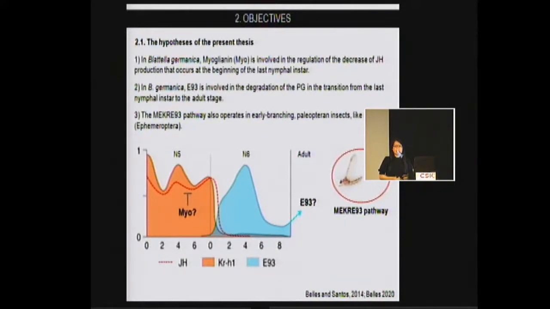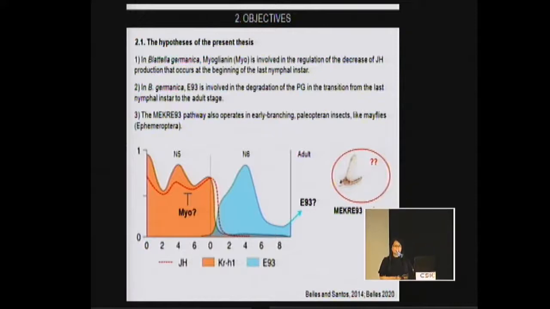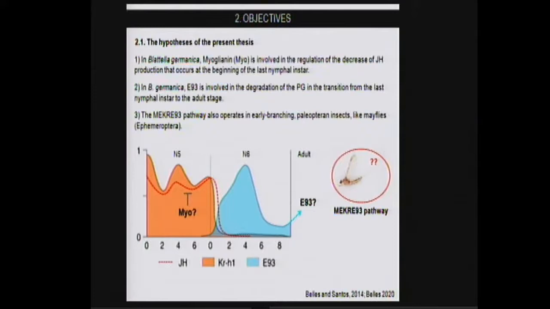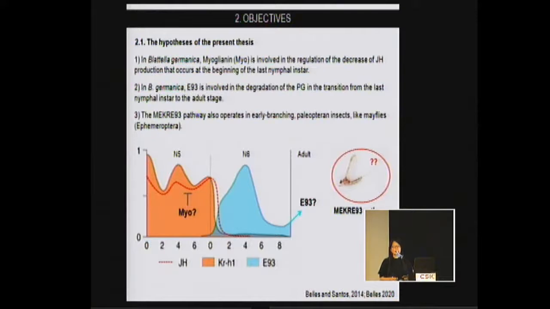This thesis is based on three hypotheses. The first one comes from the fact that the clearance of juvenile hormone is necessary for the initiation of metamorphosis. So we searched for the candidate that should play this role, to promote the reduction of juvenile hormone production during the last nymphal instar.